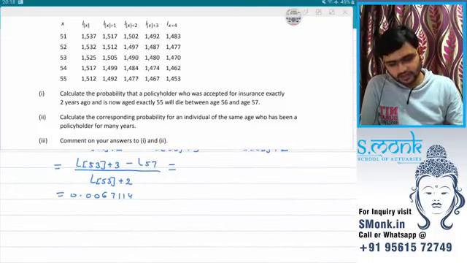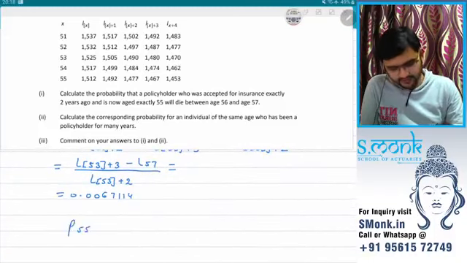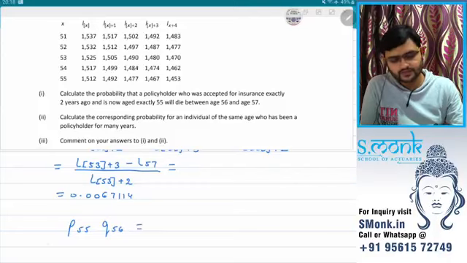We are talking about a person age 55 survives for 1 year and dies within the next year, right? This is what we had written originally before select. If I write in terms of L, this would be D 56 upon L 55.